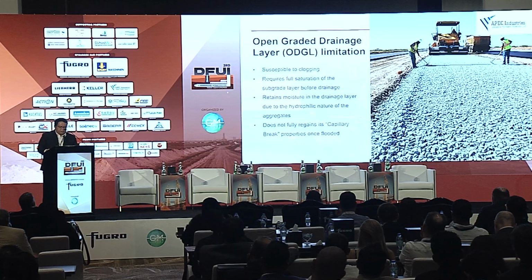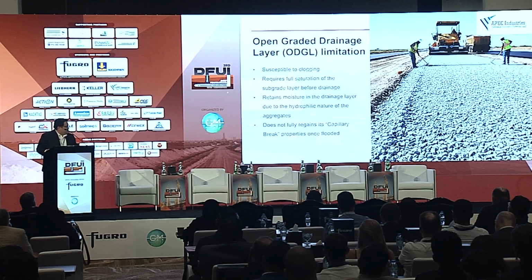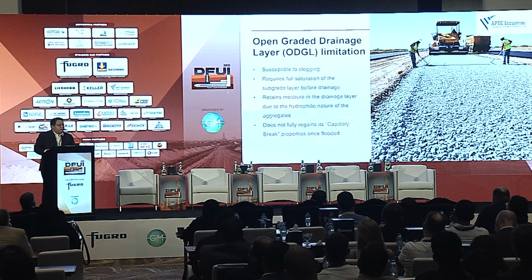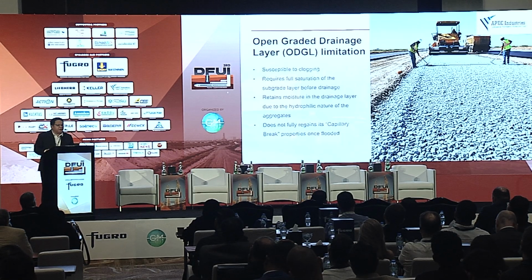The ODGL system can also suffer from clogging of fines, retained moisture because of the hydrophilic nature of the aggregates, and often requires large quantities of aggregates and significant excavation for maintenance and rehabilitation. So these limitations have encouraged engineers to seek more efficient drainage alternatives.